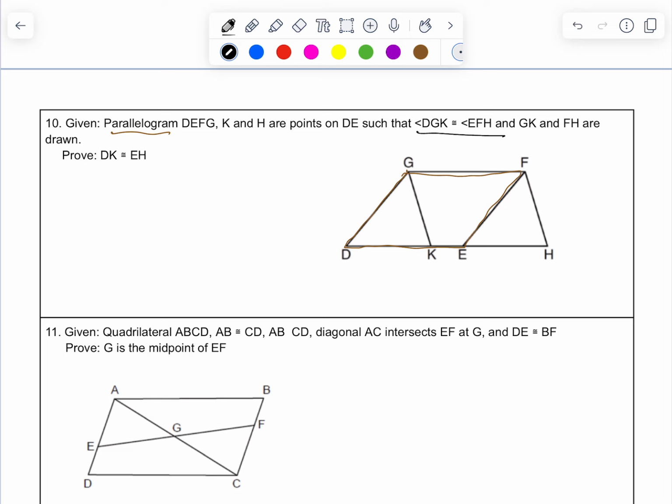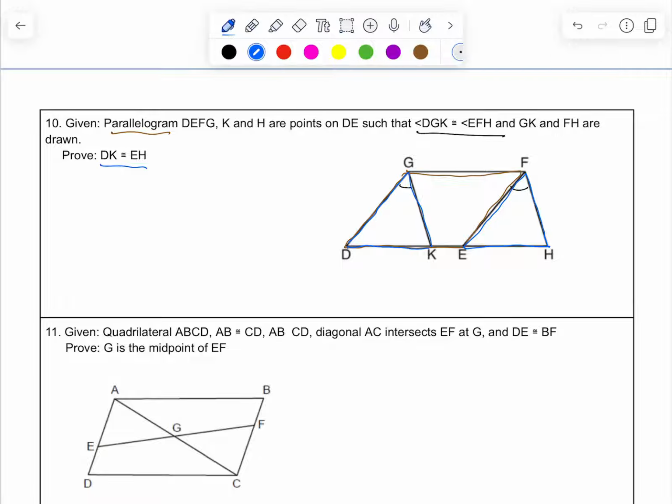Angle DGK is congruent to angle EFH. And we're proving that DK is congruent to EH. So DK is on this triangle, and EH is the side of this triangle. So ultimately, we need to prove these two triangles, DGK and EFH, congruent.